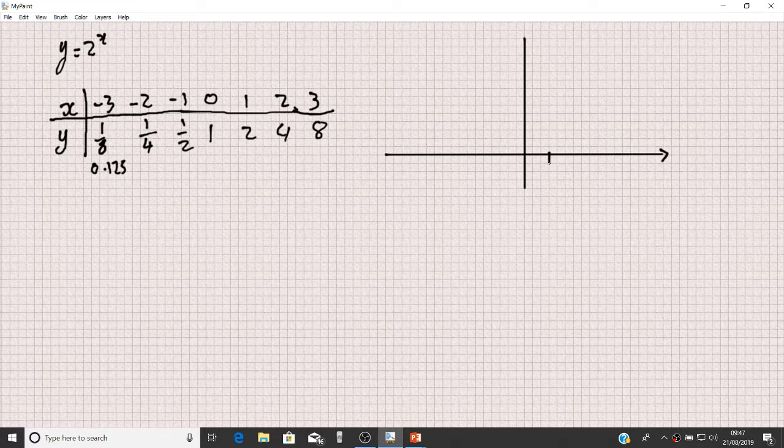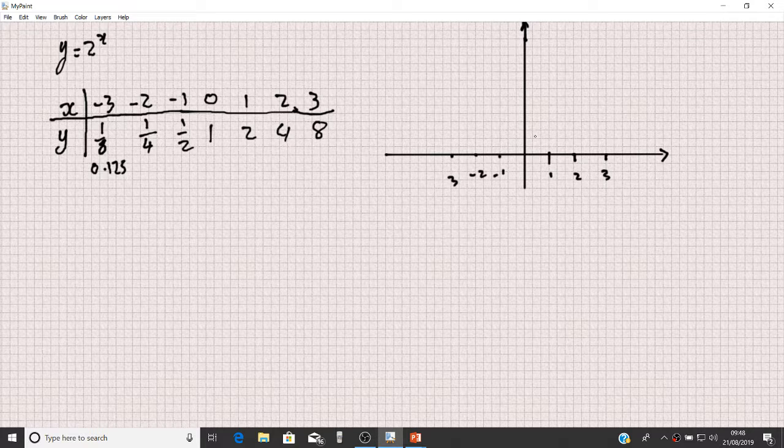So we'll say 1, 2, 3, and -1, -2, -3, and so on.